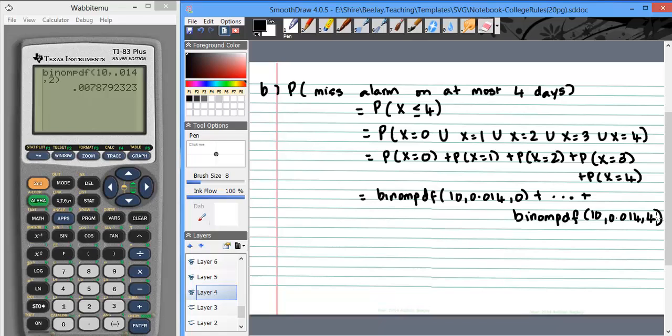However, since we are looking for an at most probability, at most, at least, greater than, less than, all of them fall under cumulative probabilities. They are not exact events, they are actually cumulative events.